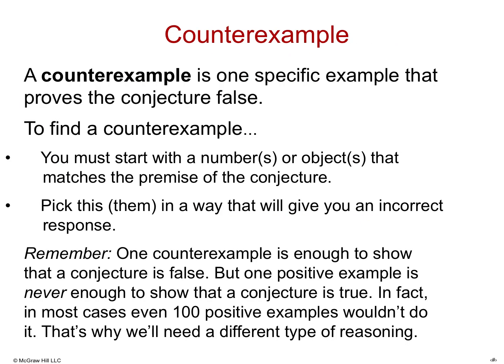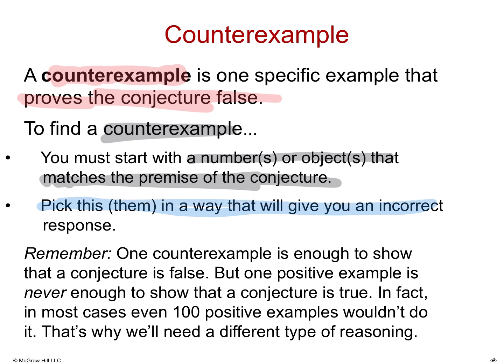All right, so we're going to talk now about counterexamples. As I was mentioning before, it just takes one counterexample to prove that the conjecture is false. To find a counterexample, you're going to start with a number or object that matches the premise of the conjecture. Pick this in a way that will give you an incorrect response.